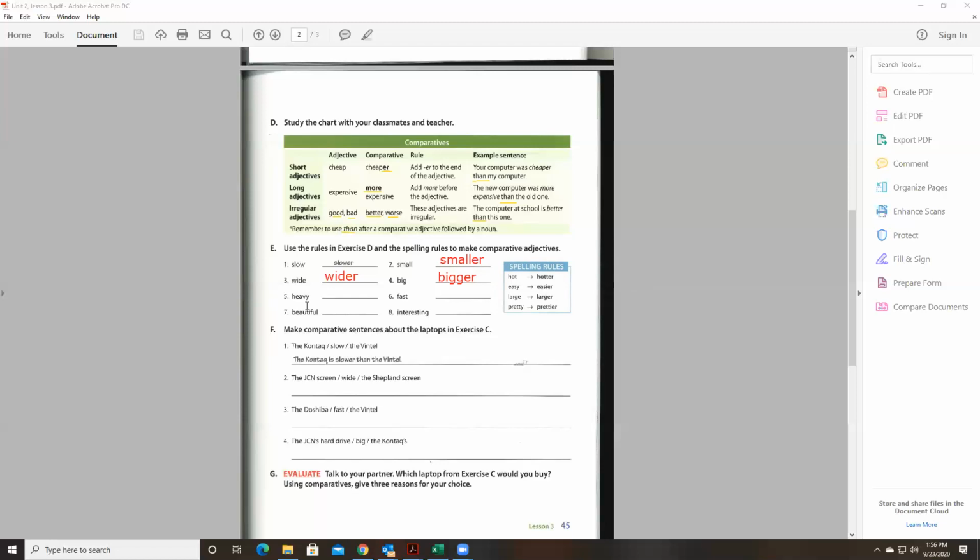Heavy is a short adjective, but it ends in Y. If it ends in Y, you will take the Y off and you will add IER. Okay. Our next one is fast. Fast is a short adjective. You will add ER.